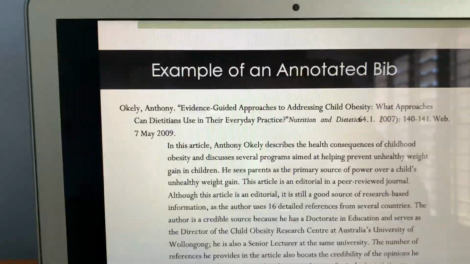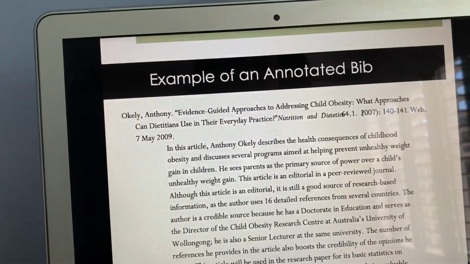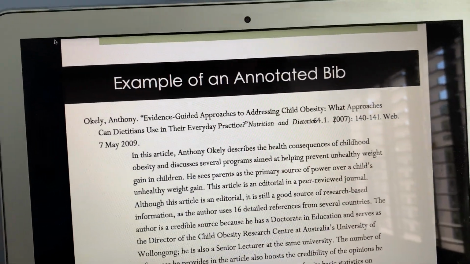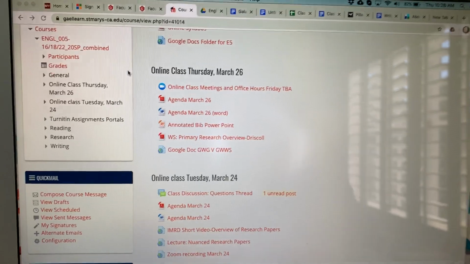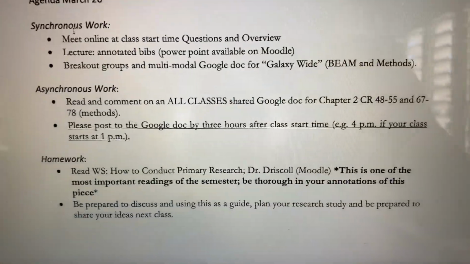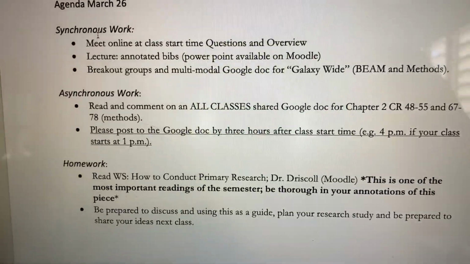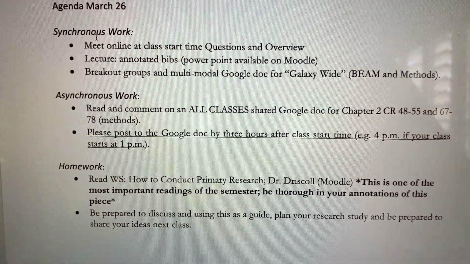So if we go back to our work for today, we want to recognize that annotated bibliographies possibly seem like busy work, but ideally they are going to be literally taken as a reminder of what you read just now.